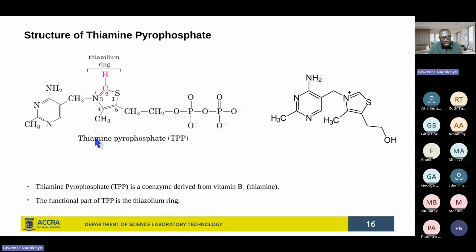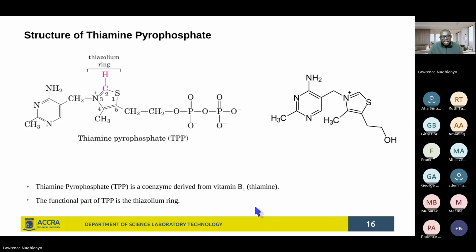As we go ahead, you come to see that it is on this ring that the reactions catalyzed by an enzyme where thiamine pyrophosphate is acting as a coenzyme occur, particularly on carbon number 2. So this is the reactive part of the ring. This hydrogen is going to react, and on this carbon, you have a molecule sitting and a reaction proceeding.